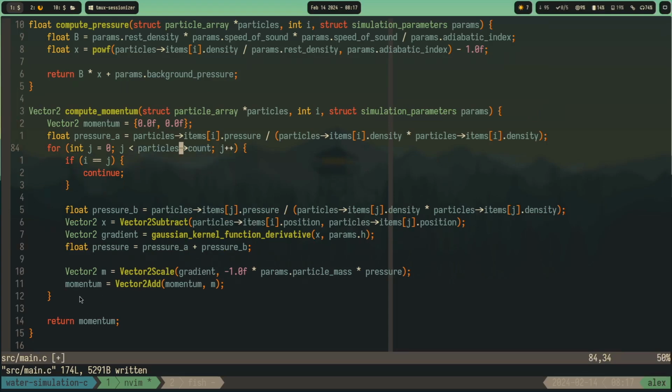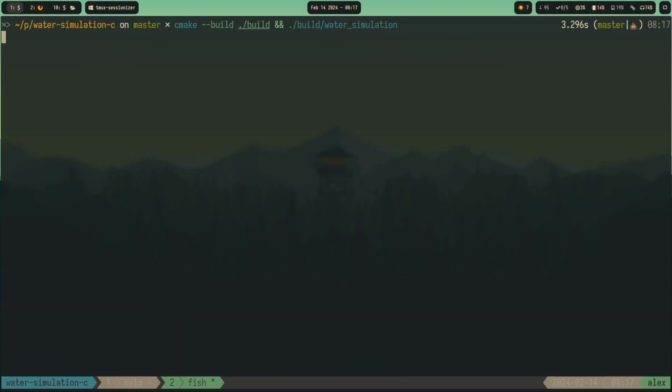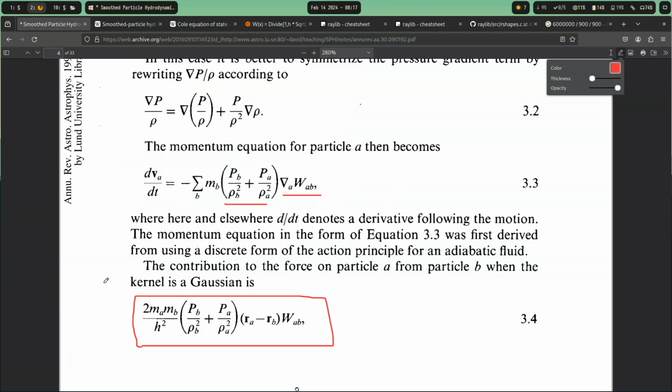So let's see the momentum. Momentum itself. It's too big. It's really big.